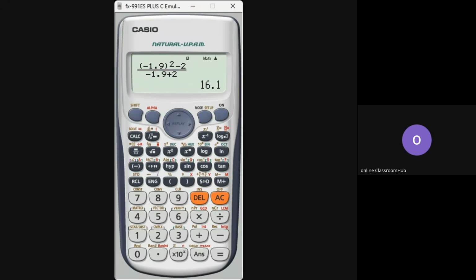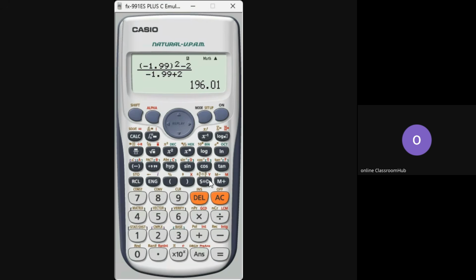Now, let's go to the second one. If you want to do the second one, instead of pressing AC to clear everything, you can edit what you have by using the navigation key. So I can navigate here and just add another 9, then press equal to for the new value.